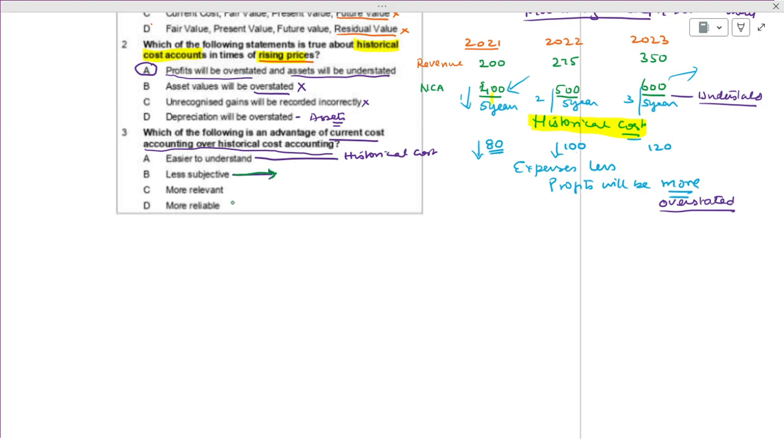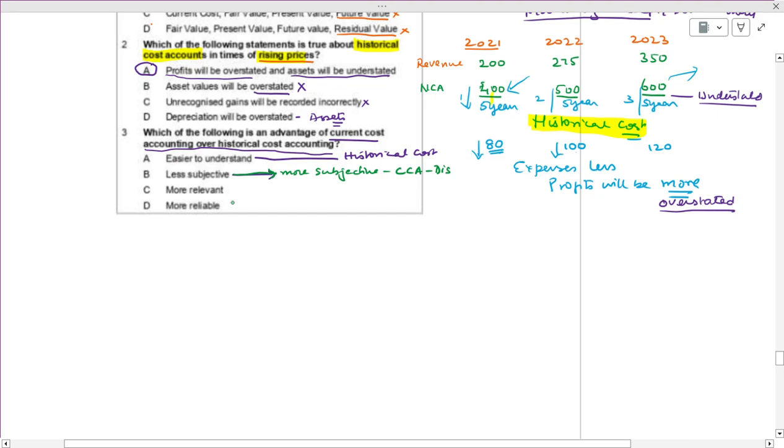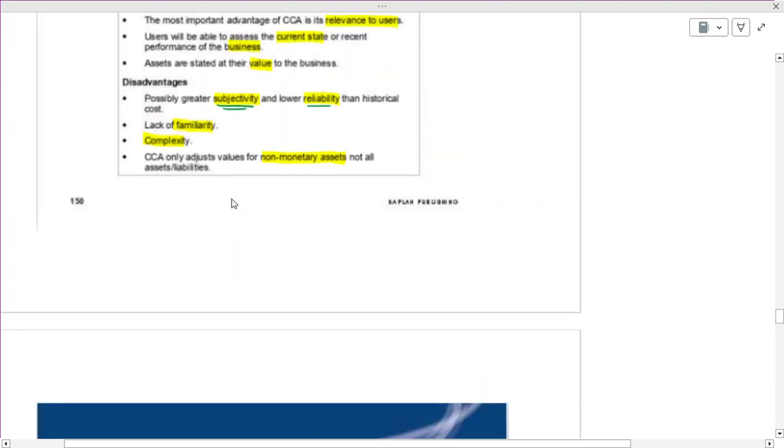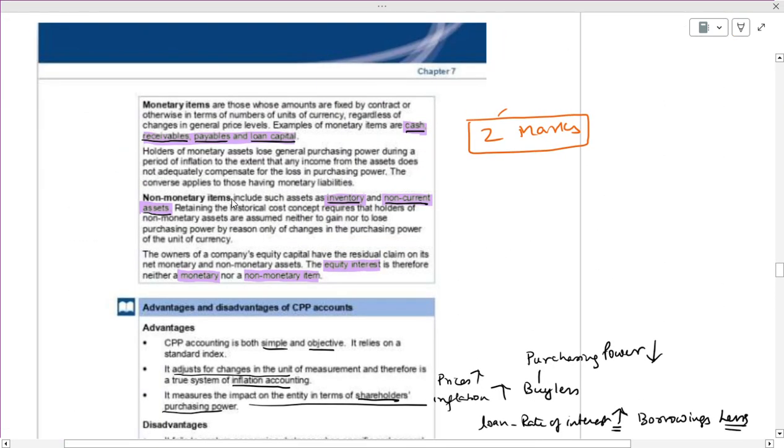This is a current cost accounting disadvantage: possibly greater subjectivity and lower reliability. It is more subjective. This is a current cost accounting disadvantage. More relevant.